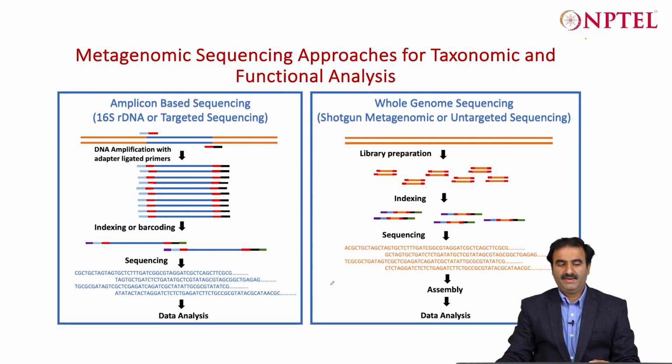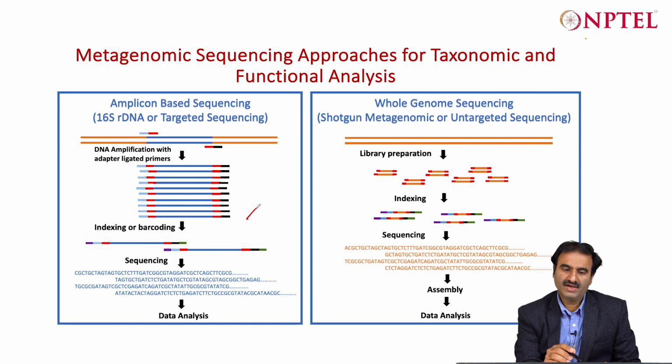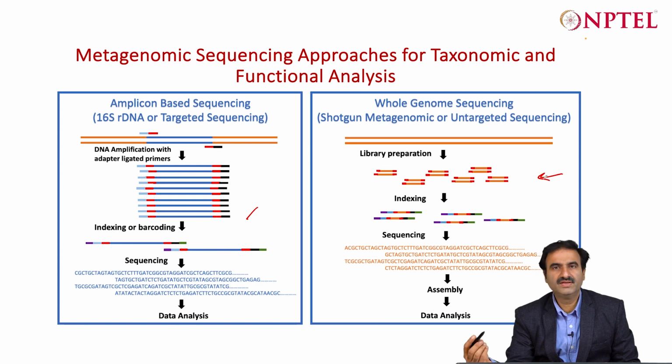The amplicon based approach is targeted, or 16S based, and the WGS approach is where you want to cover the entire genome. In the first case you are dealing with about 1500 base pairs, or a 1.5 kb gene, per bacterium, but here you are dealing with the complete bacterial genome, which is like 3 to 5 MB.